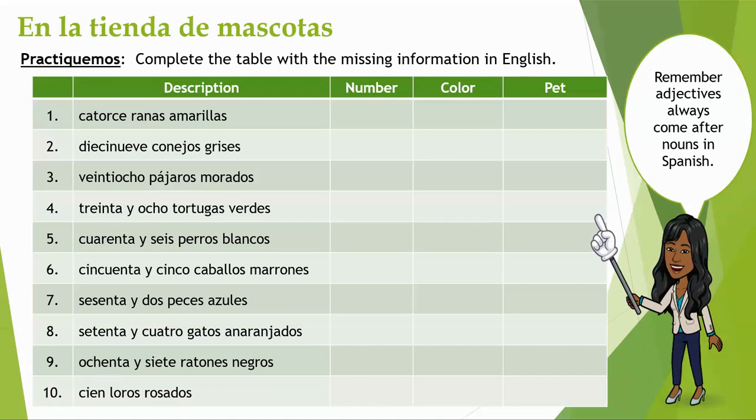62 peces azules. Mr. Cowell Ram. That would be 62 bluefish. Okay. Number 8. 74 gatos anaranjados. Anvia. 74 orange cats.